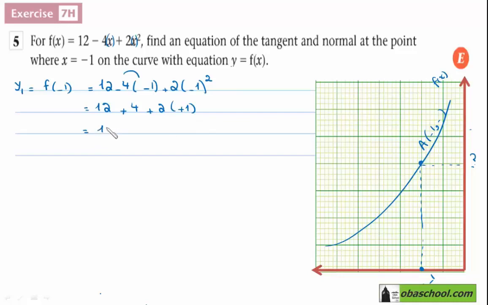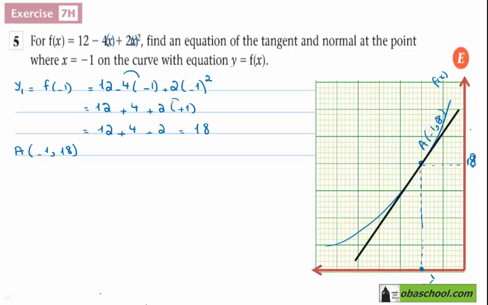This is equal to 12 plus 4 plus 2 equal to 18. So now we have the coordinates of the point A, that is minus 1 and 18. Now going back to the sketch, we are able to locate the point A.